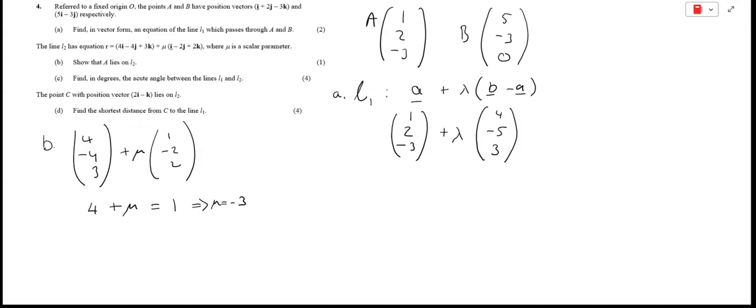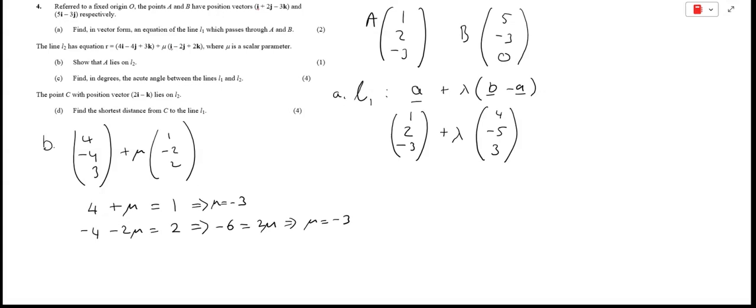And then looking at the j component, minus 4 minus 2 mu has to equal 2. If I take the minus 2 mu over, and take the 2 over there, I get minus 6 is equal to 2 mu, and so this implies that mu is minus 3.